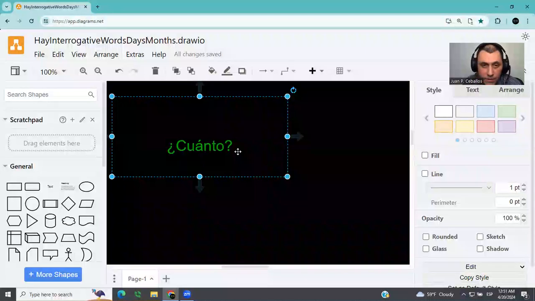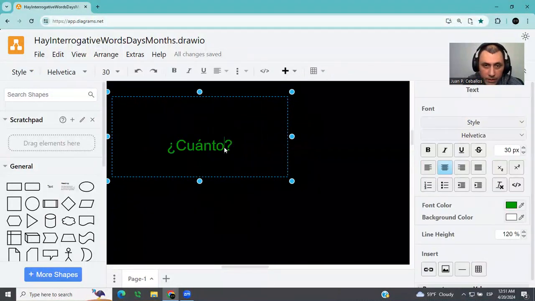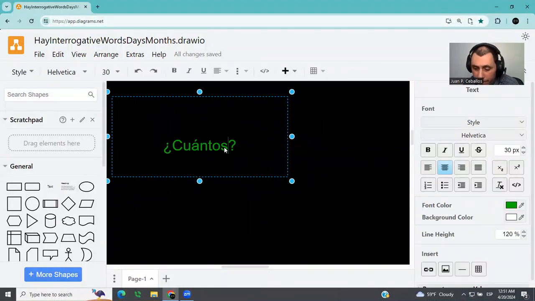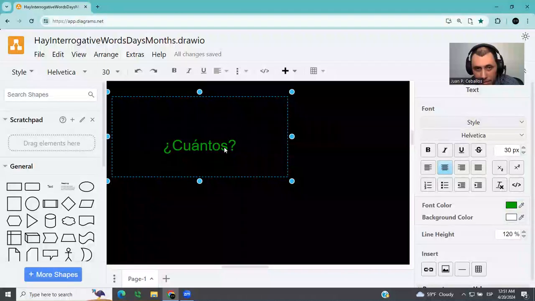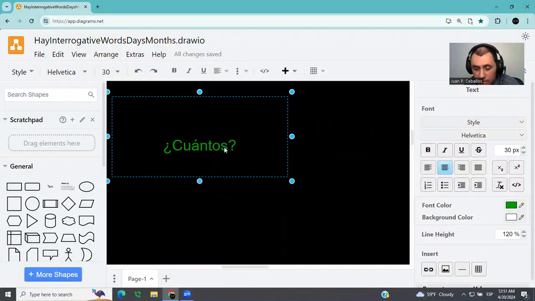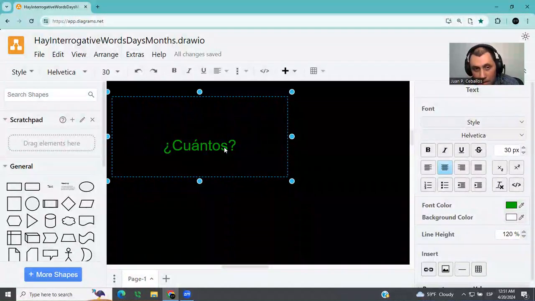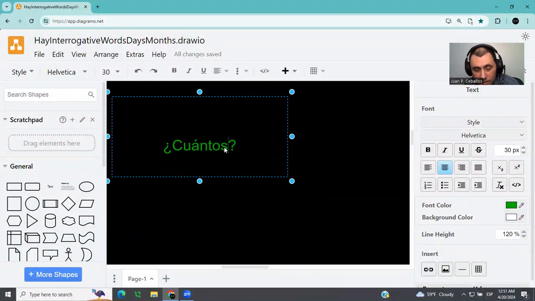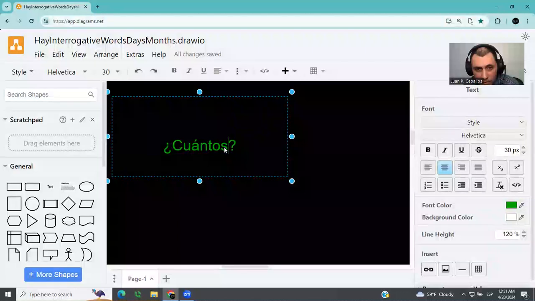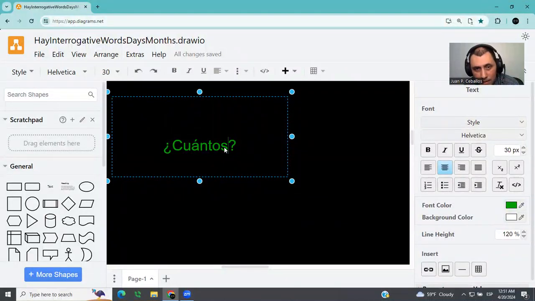The next one will be, now here, you have to pay attention. If you add that S, it changes the meaning completely. So here, you are not asking how much, you are asking how many, okay? And this interrogative word acts as an adjective.